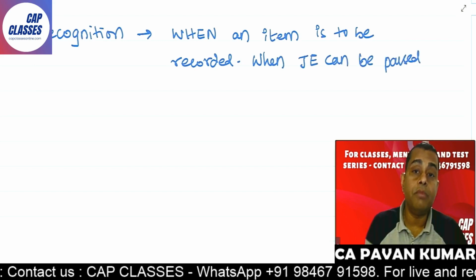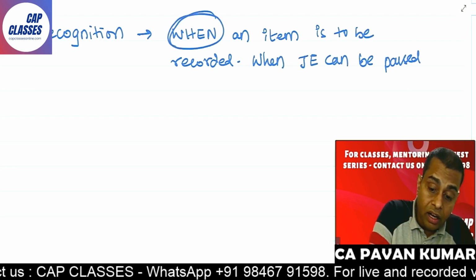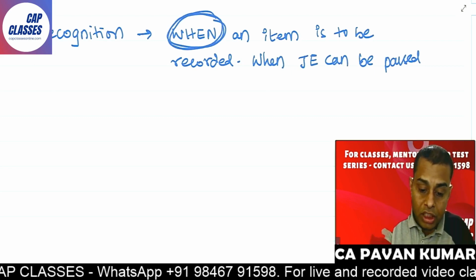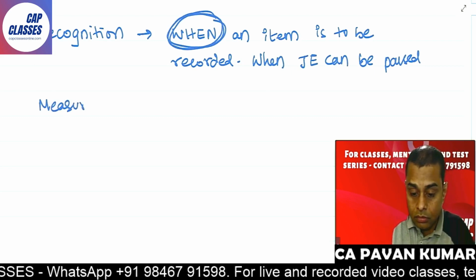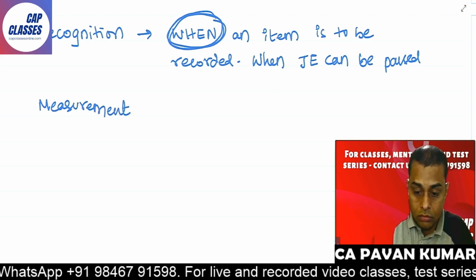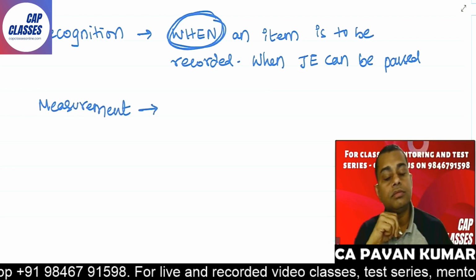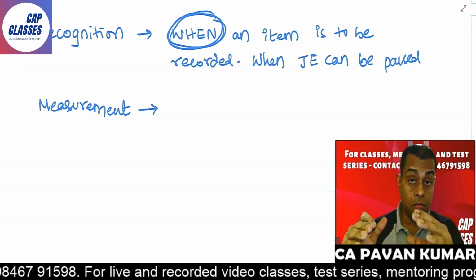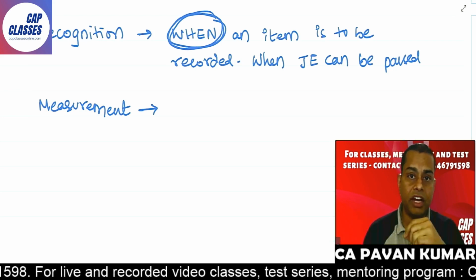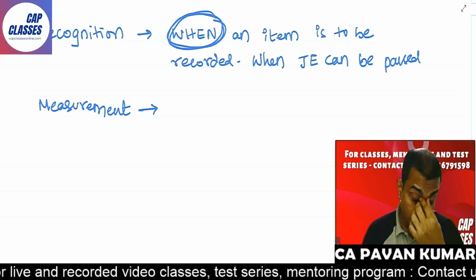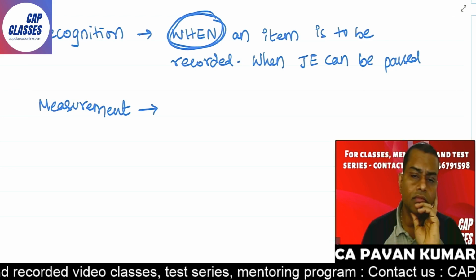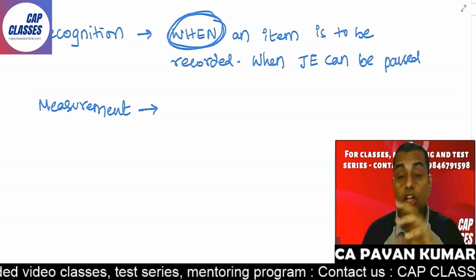So recognition means when. Measurement means, chalo, recognition criteria is satisfied. Okay. Recognition criteria is satisfied. Pass the journal entry. Now the question is with what amount?